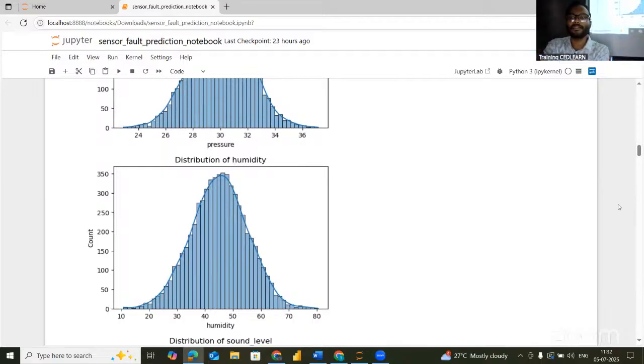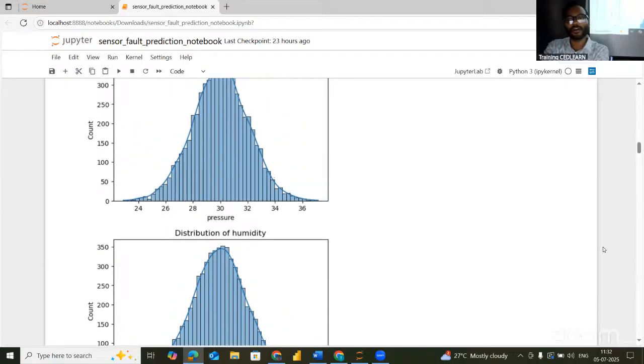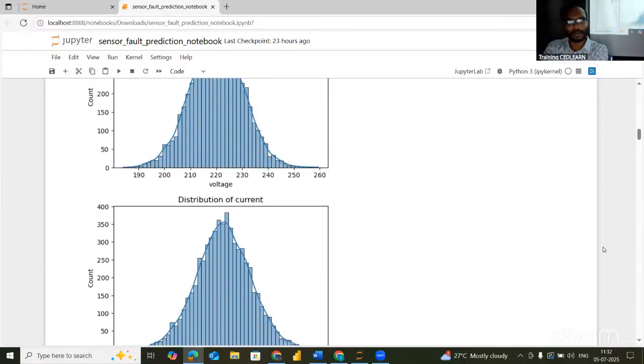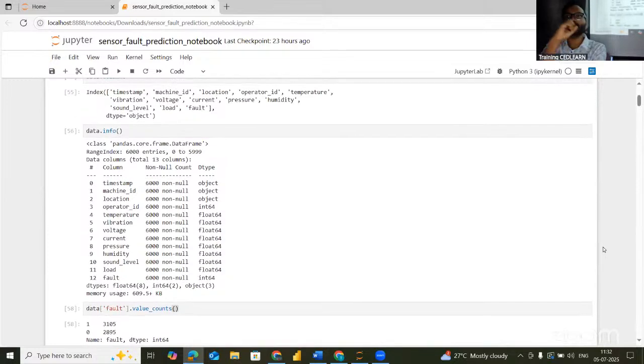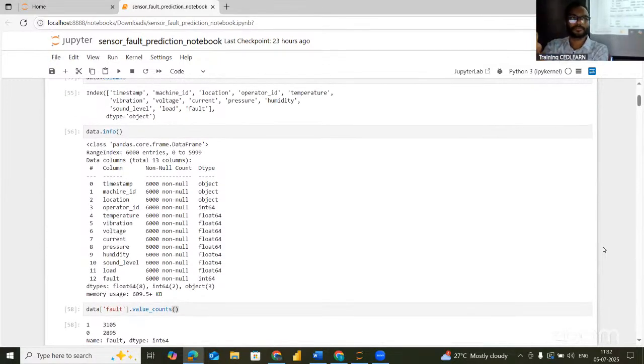And every time you drop a column or impute a column or a record, make sure you justify it. What is the reason behind doing that? If you are plotting something, what is the reason for plotting it and what is that plot explaining?